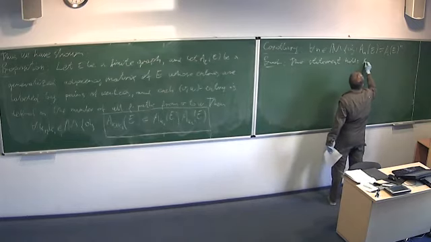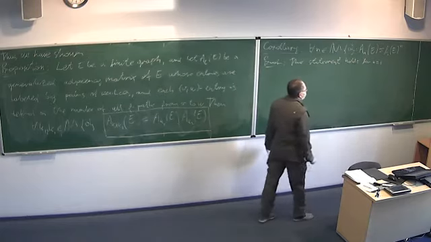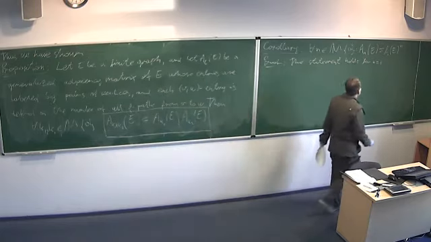Obviously, for n equal 1, right? Because then I have a tautology, A equals AE.